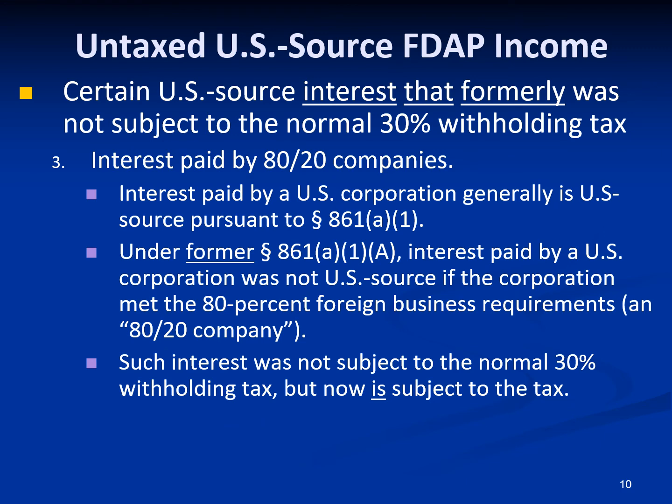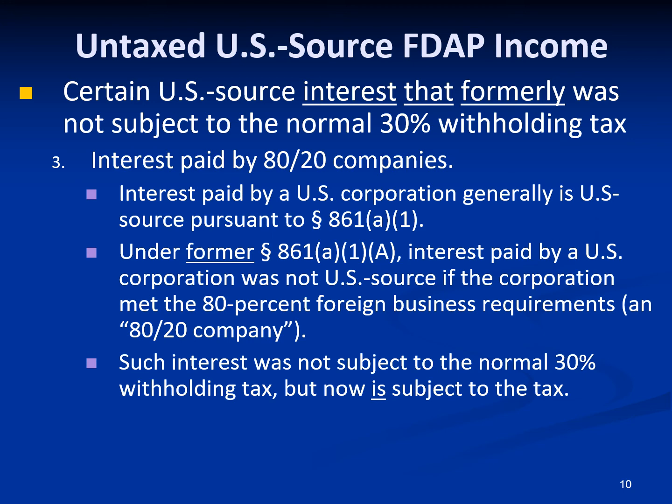Back in Chapter 2, we discussed the rules for determining the source of income and deductions. As we discussed, interest paid by a U.S. corporation generally is U.S. source pursuant to Section 861(a)(1).